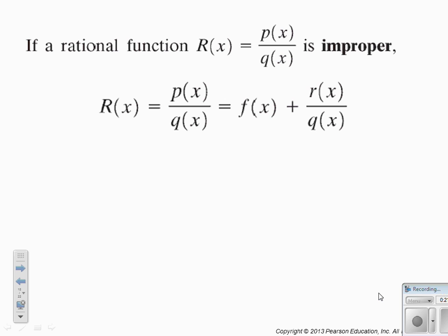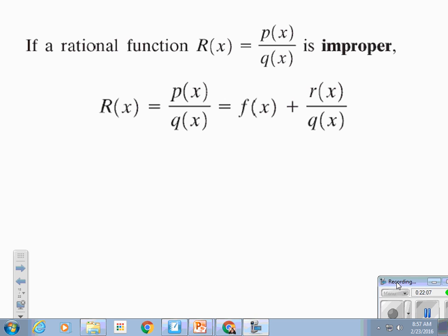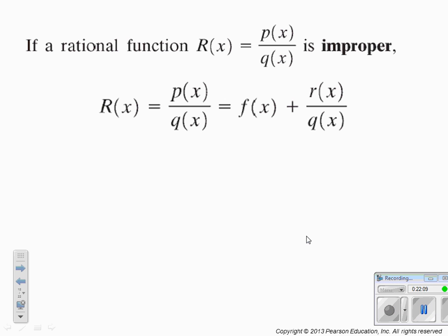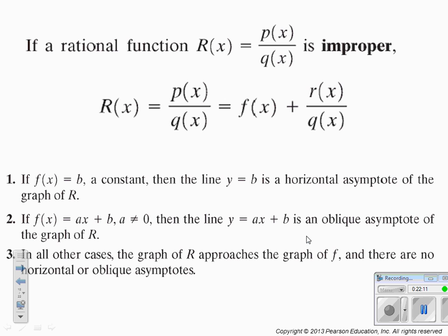If a rational function is improper, then p of x over q of x is going to equal a function f of x plus a remainder over q of x. So now we're going to start our dividing, guys. It's going to be great. Let's see what those look like.